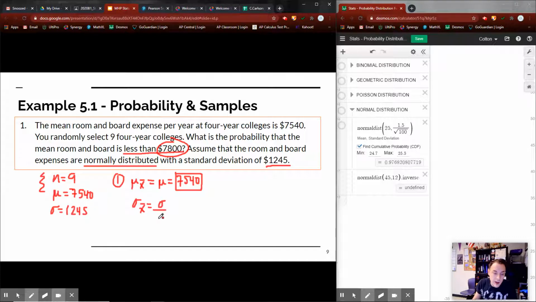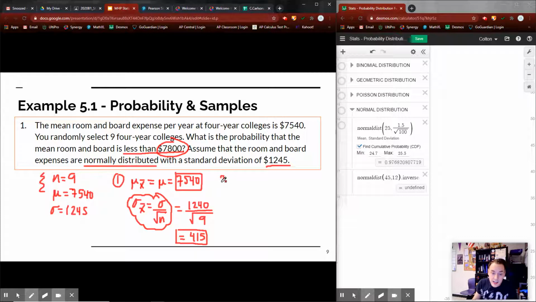This is equal to the population standard deviation over the square root of n, my sample size. That's 1,245 over the square root of 9, and when I simplify this out, I get 415.